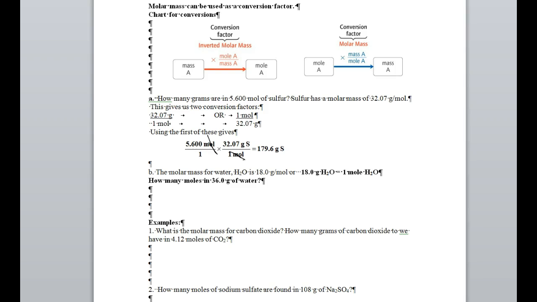So let's go through the next one. The molar mass for water is 18.0 grams per mole. We want to know how many moles there are in 36 grams of water. So how would you do that?